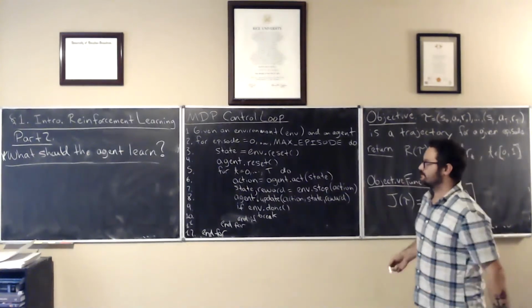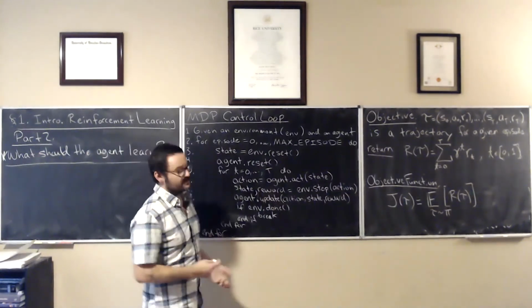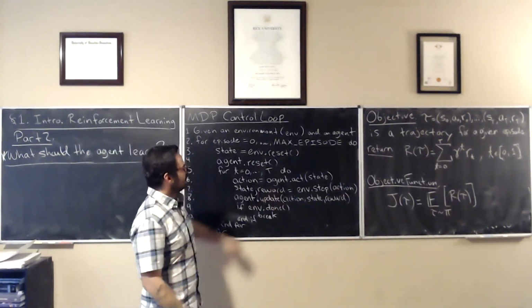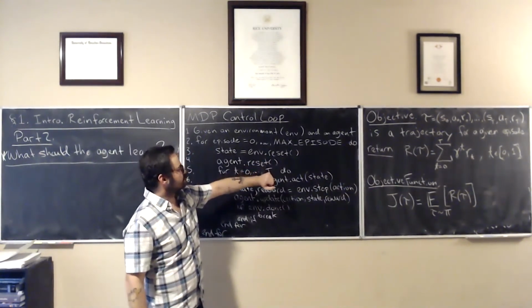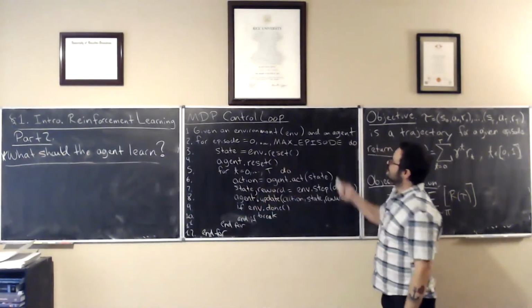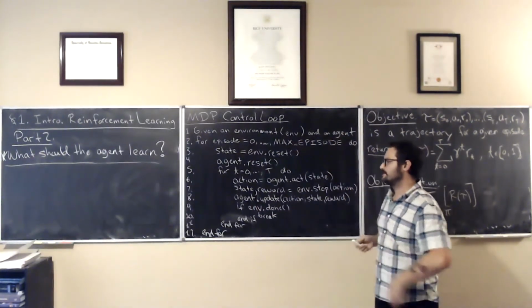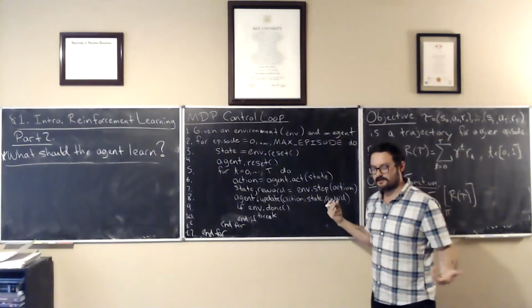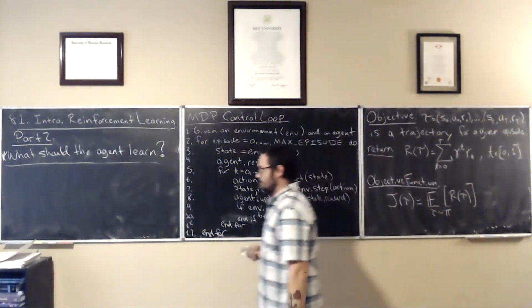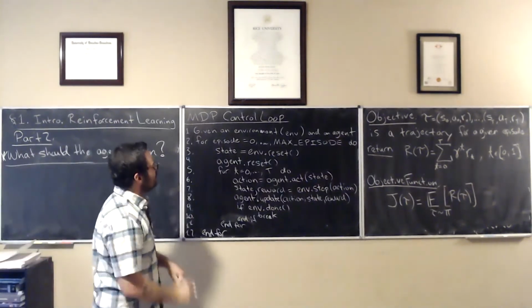So let's talk about what's in there. The code is similar, not exactly, to what you would see in Python, where we have env and agent, environment and agent, and you can think of these as classes with methods and everything that you think of when you think about Python classes.